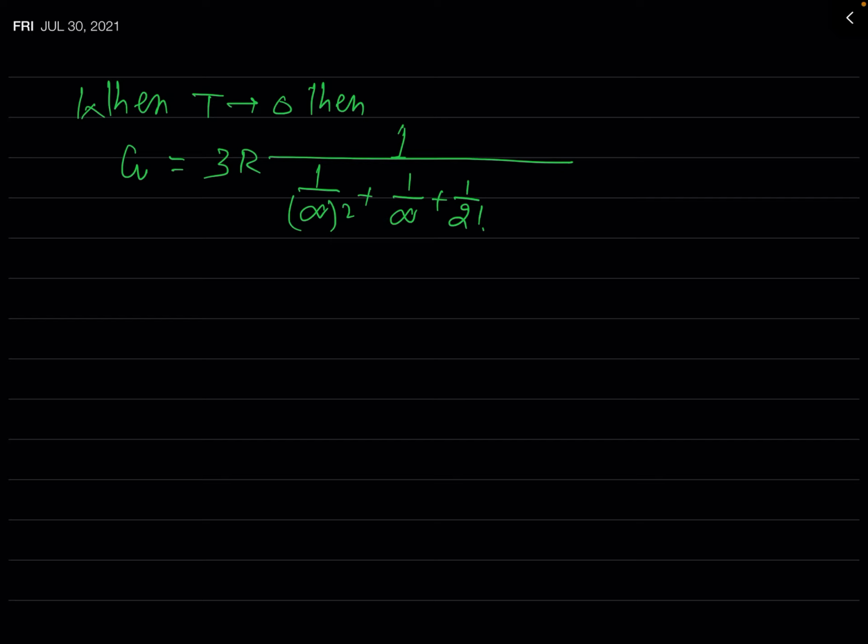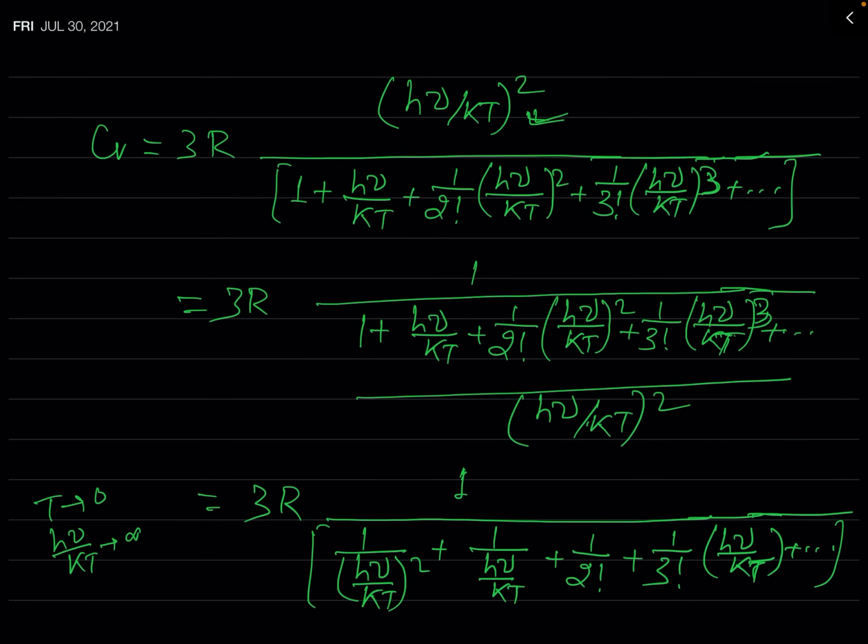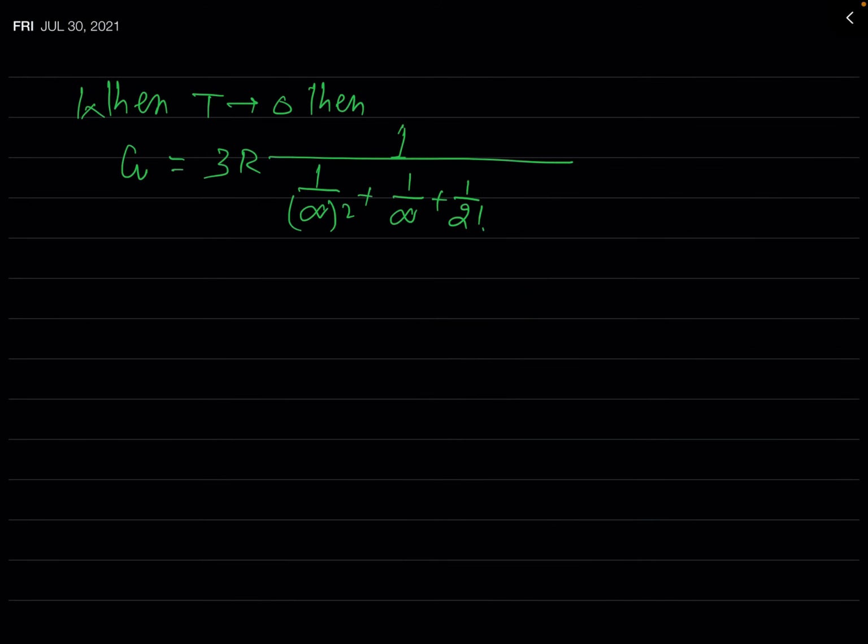Then the third term is 1 by factorial 2, and the next term is 1 over factorial 3 times hν/kT, and that is infinity.